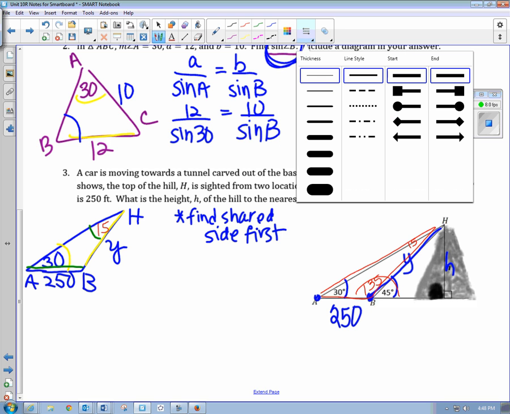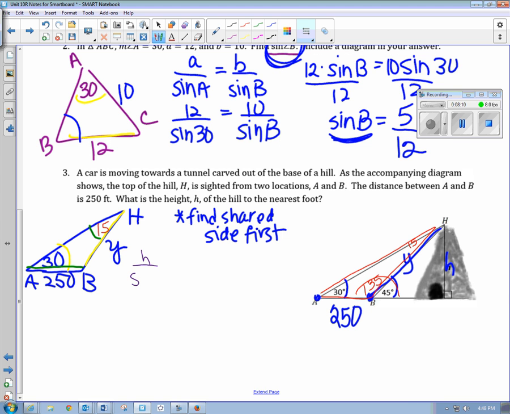So I'm going to set up my law of sines now. I'm going to do H over the sine of H equals A over the sine of A. My H, 250 over the sine of H, so sine of 15, equals side A, which is Y, over sine A, or sine 30.